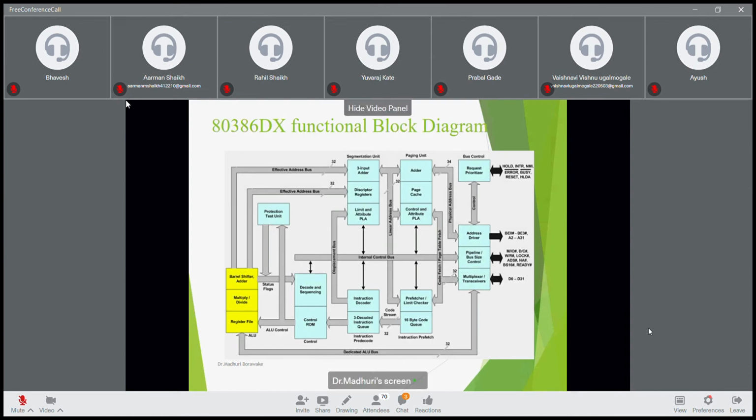Just write down like this. Now, this bus interface unit accesses the memory for the data and it manages the memory read as well as write operation. Read and write operation.